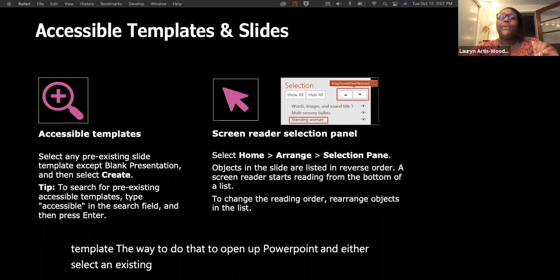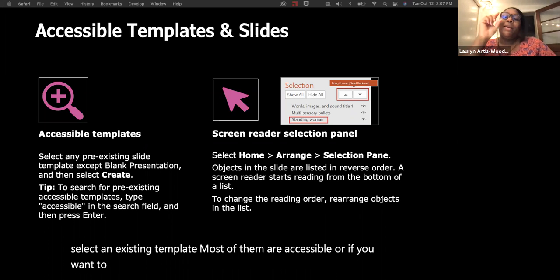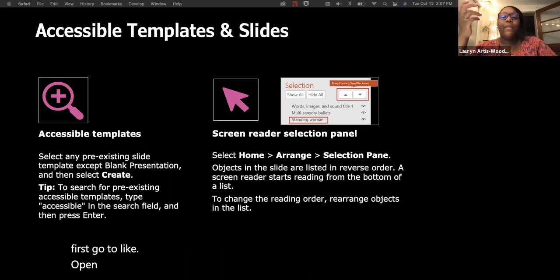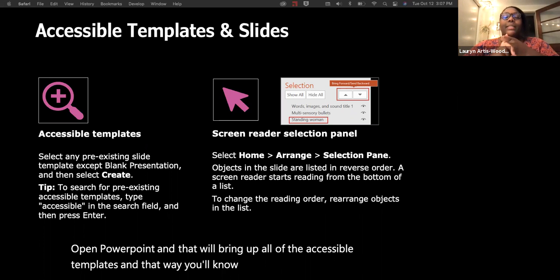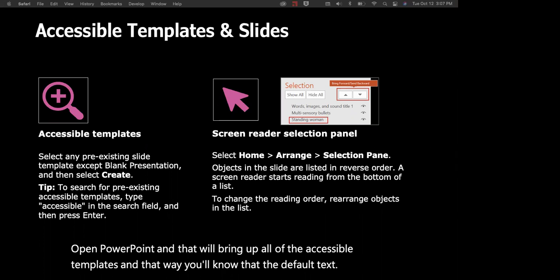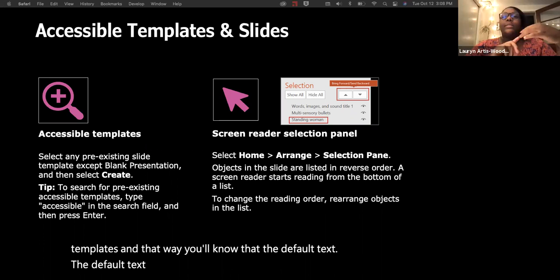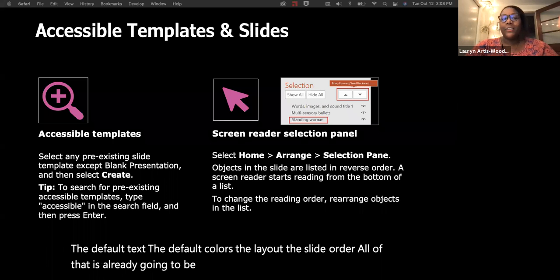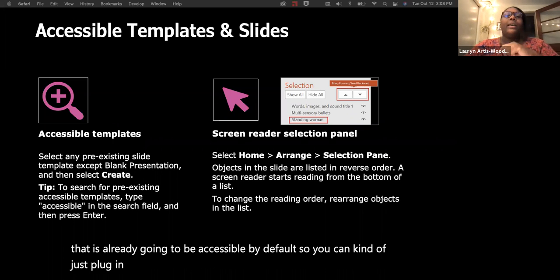Most of them are accessible, or if you want to make sure, type accessible into that search bar when you first go to open PowerPoint, and that will bring up all of the accessible templates. That way you'll know that the default text, the default colors, the layout, the slide order, all of that is already going to be accessible by default. So you can just plug in your information and do a quick accessibility check, and you should be good.